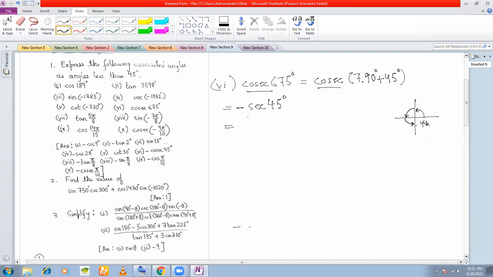And because your question was in terms of cosec, you can change this back to cosec. Minus cosec 45 degree. Since cosec 45 degree is a standard value, you can find out the standard value also. Minus root 2. That's it.